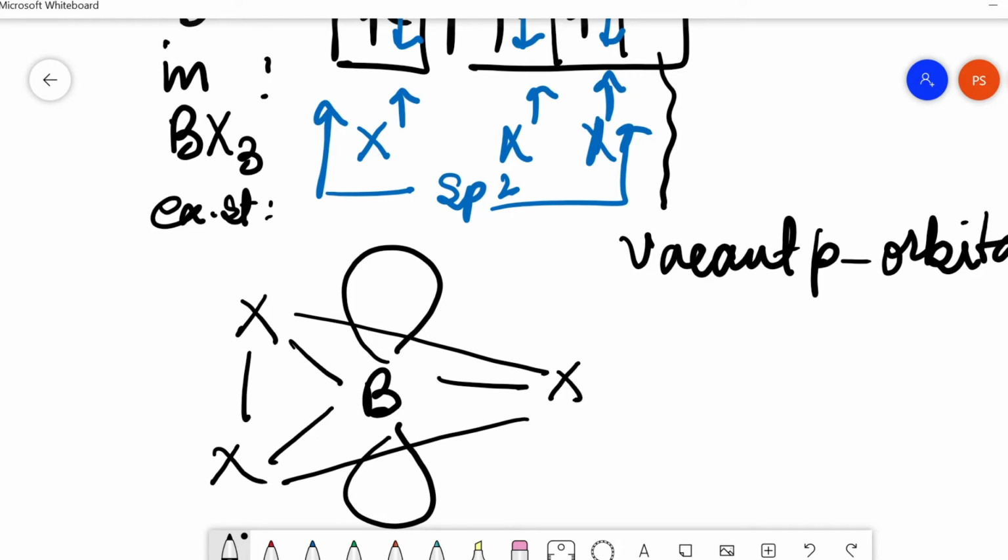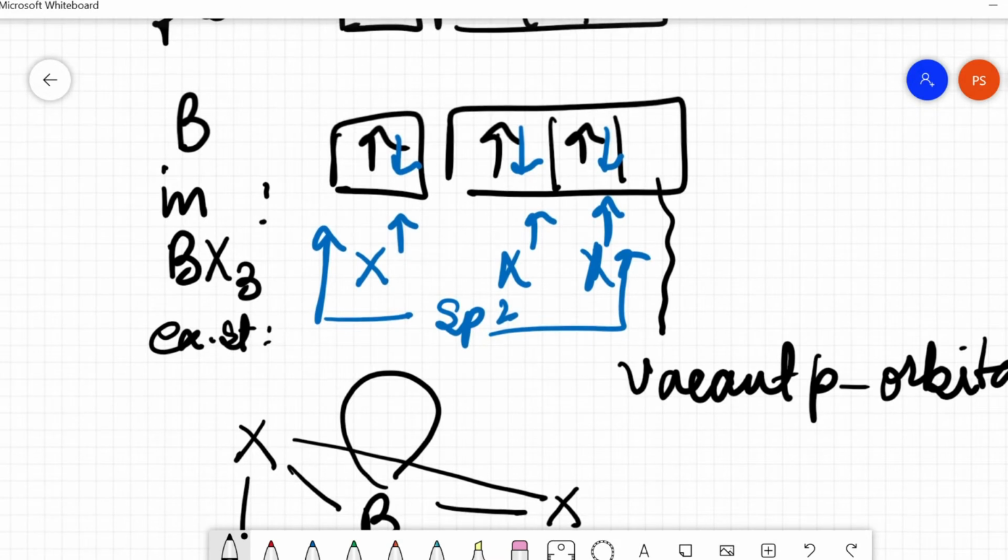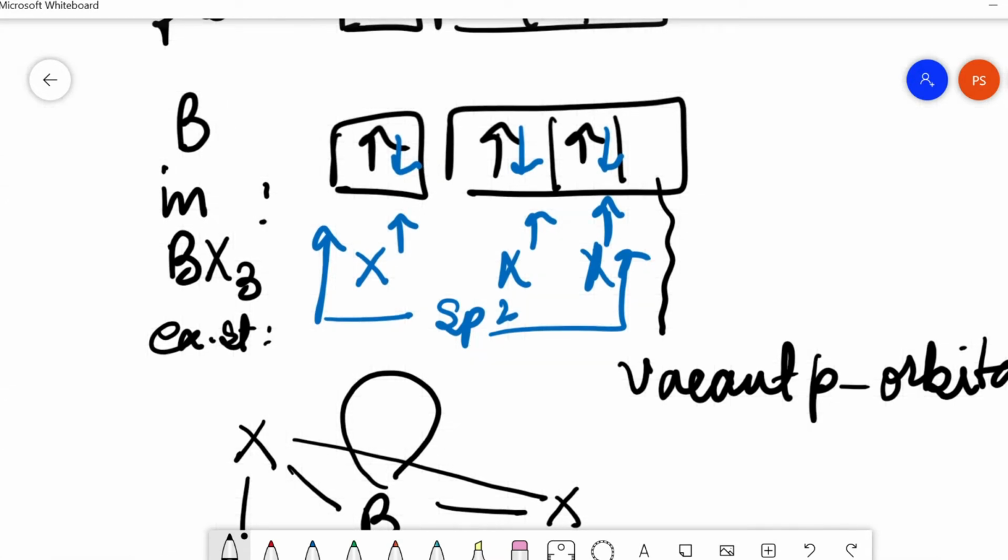As a result, as there is a vacant p orbital, boron can accept electrons, and also if we calculate the number of electrons in the BX3 molecule, there are 1, 2, 3, 4, 5, 6 total valence electrons present on boron in the BX3 molecule.